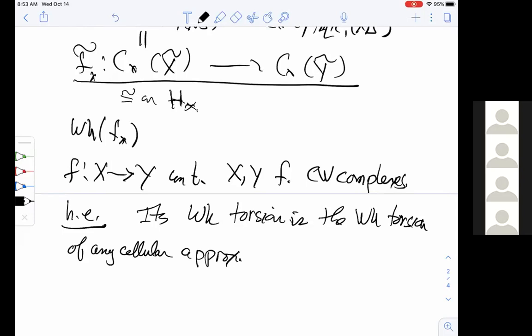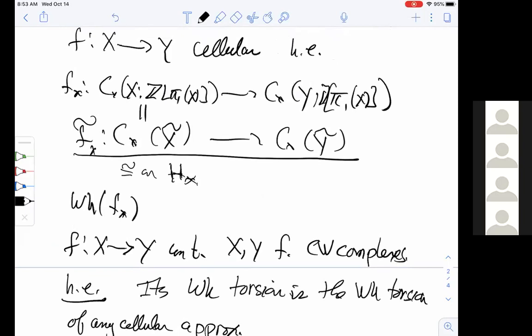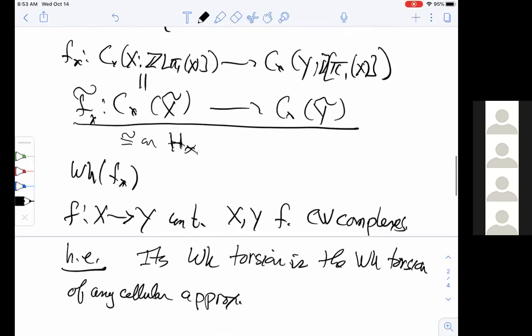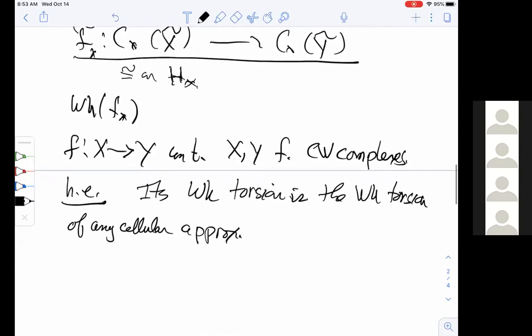If you have two cellular maps which are homotopy equivalences and homotopic, their Whitehead torsions are the same, because you can make the homotopy between them a cellular map from X cross I into Y. And you have the inclusion of X cross 0 and the inclusion of X cross 1.